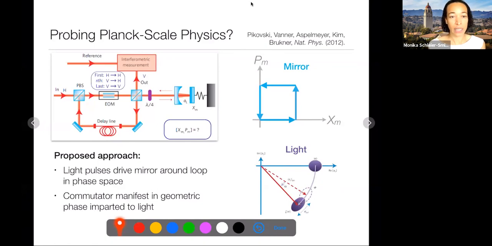So that's not an experiment that's been done, but I think it's an example of thinking creatively about what you could do to get into a regime, with somewhat realistic parameters, to be sensitive to testing theories that would modify the commutator. It's also an example of the type of proposal that's motivating people to work on getting massive systems into a well-controlled quantum regime.